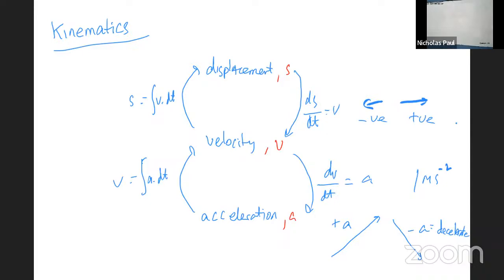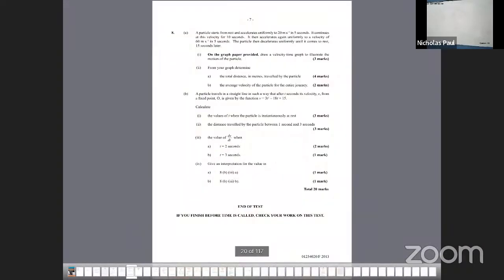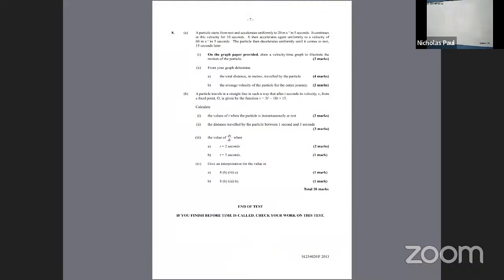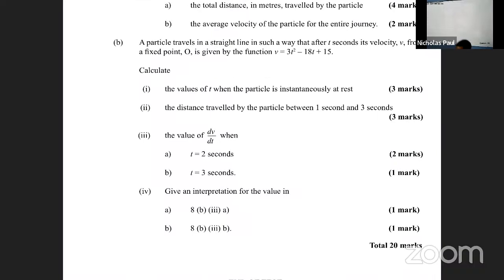I think we did a few of these on Monday. We did a few on Monday, but I'll do back two of the easy ones. That's 2013. Take a little read. We'll talk it through together. Take a little read. That's 2013.